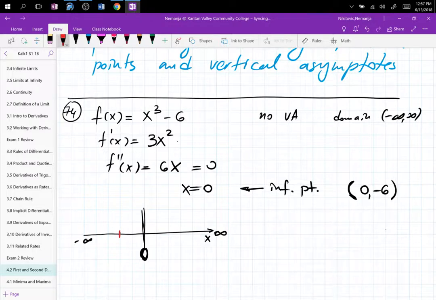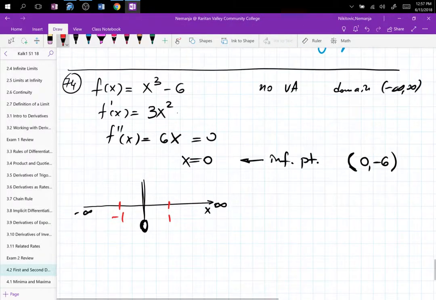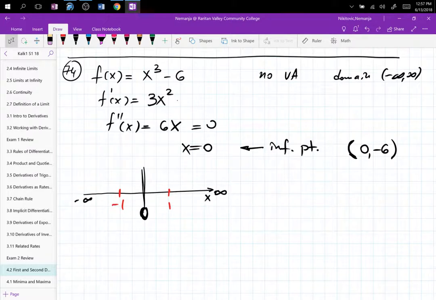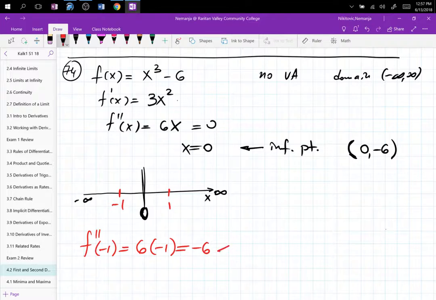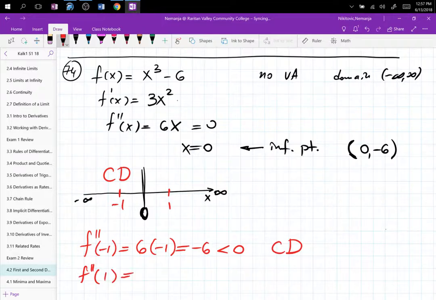So I have two test points, and I will do the second derivative test at negative 1, which is 6 times negative 1, which is negative 6, which is less than 0, which is concave down. And the second derivative at 1 is 6 times positive 1, which is positive 6, which is larger than 0, which is concave up.